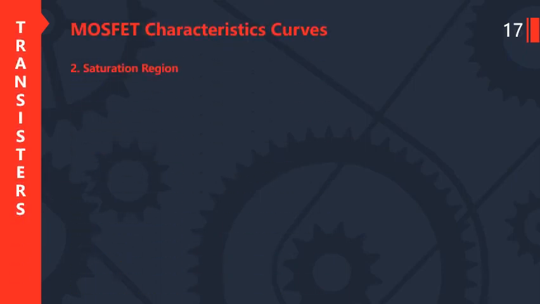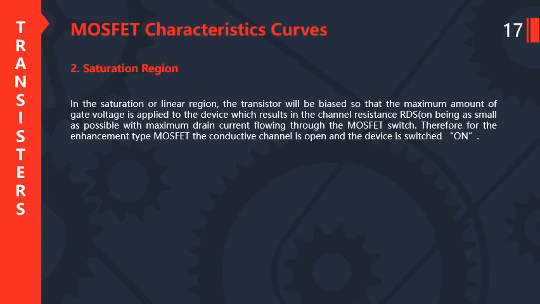Second is a saturation region. In the saturation or linear region, the transistor will be biased so that the maximum amount of the gate voltage is applied to the device, which results in the channel resistance RDS(on) being as small as possible with maximum drain current flowing through the MOSFET switch.